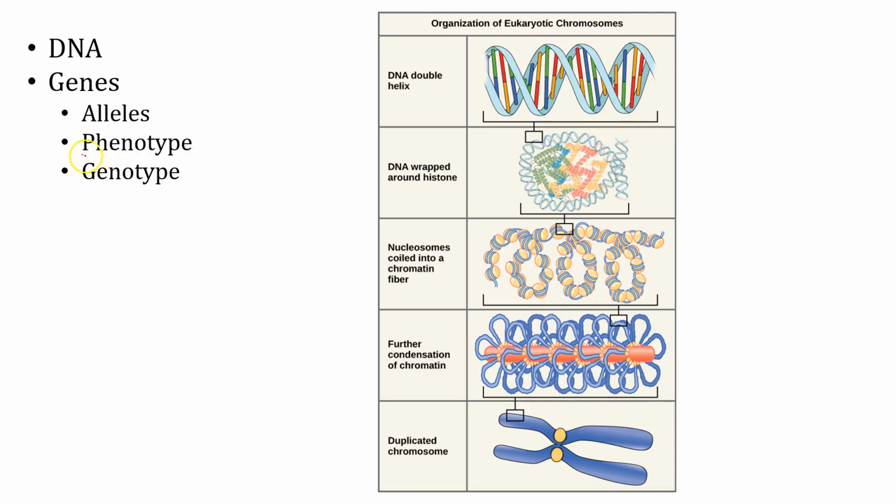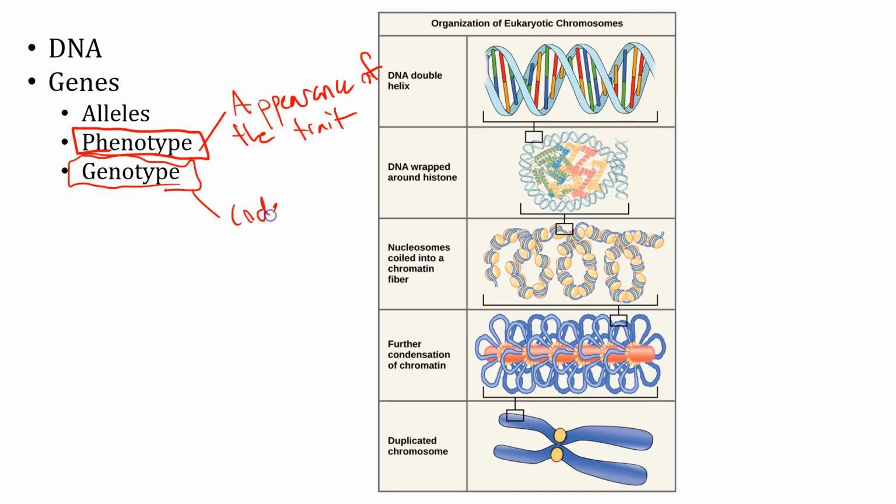Another word is this one called phenotype. Phenotype is the actual appearance of the trait. Whereas the genotype is a little bit different. This is more like the code for the trait.